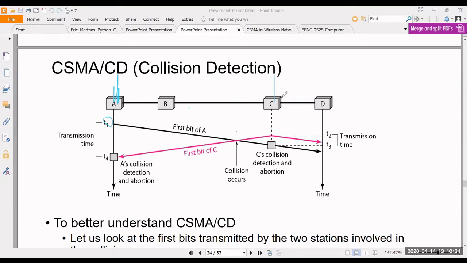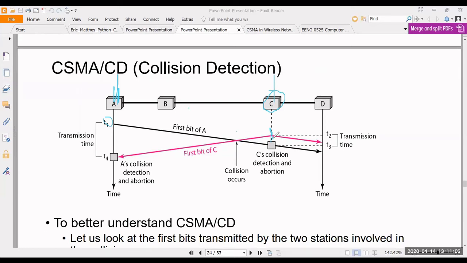At a particular time, let's say T2, C has a frame it wants to send onto the same channel where A has transmitted its frame. So C senses the channel. At time T2, what do you think will be the state of the channel as seen by C?